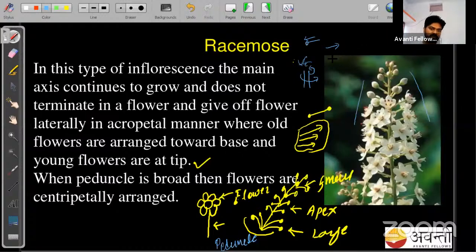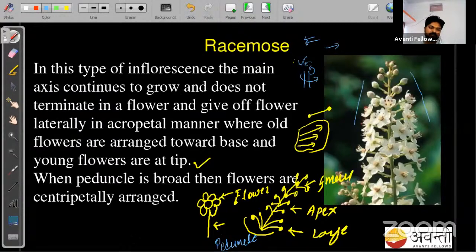Okay, no issue. So I will repeat the racemose. Racemose is one type of inflorescence. In this type, the main axis continues to grow.